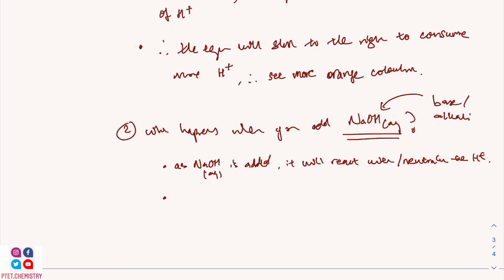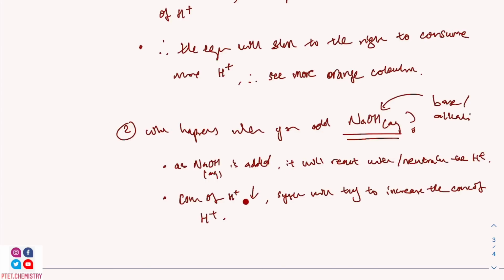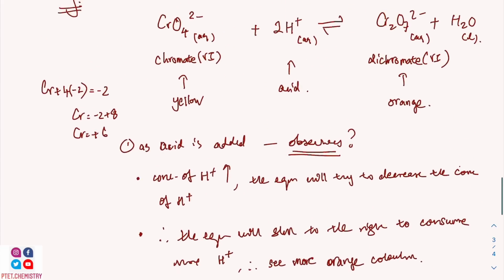So that means the concentration of H plus will decrease. What would the equilibrium do then? The system will try to increase the concentration of H plus. This is a result of the neutralization reaction. This is opposing the result of that by the system in equilibrium. It will try to increase the concentration of H plus.